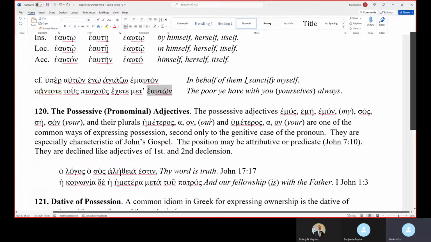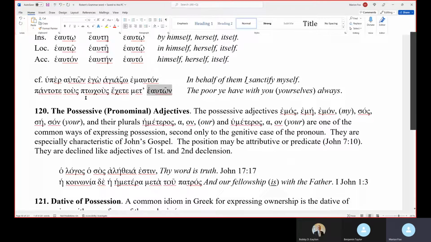So let's see which gender we think it is. And it's the poor. So let's look, we can look at the article and figure out what gender this is up here. That's masculine, isn't it? See that? You can tell by your article, it's masculine. All right, any question?